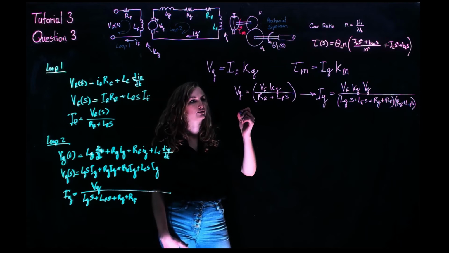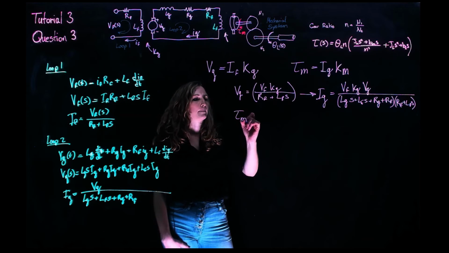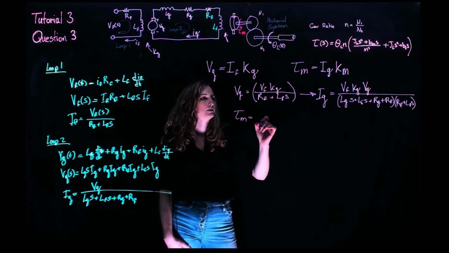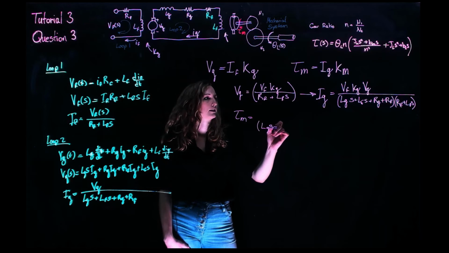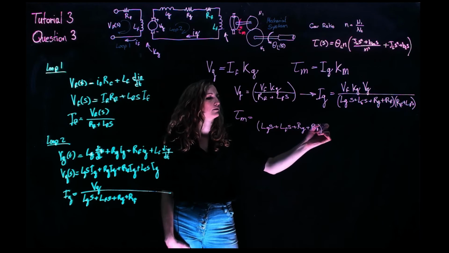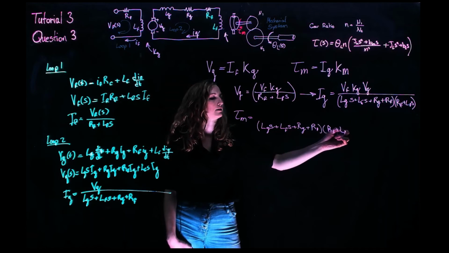mechanical system equation. So we get tau m equal to Ig, so this whole thing times Km, and I'll just rewrite the denominator, Lg s plus Lf s plus Rg, Rf Lf s.